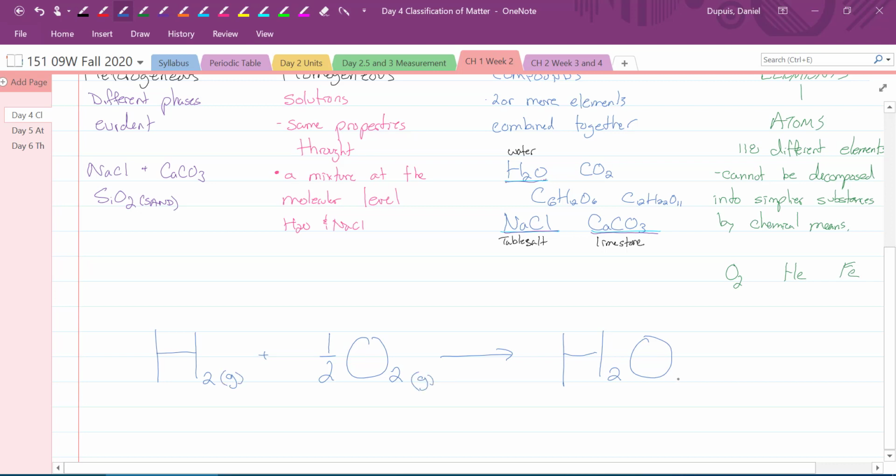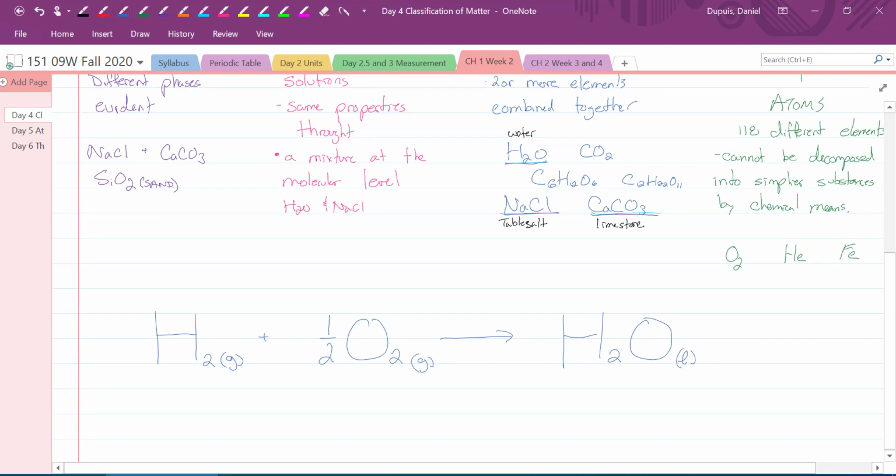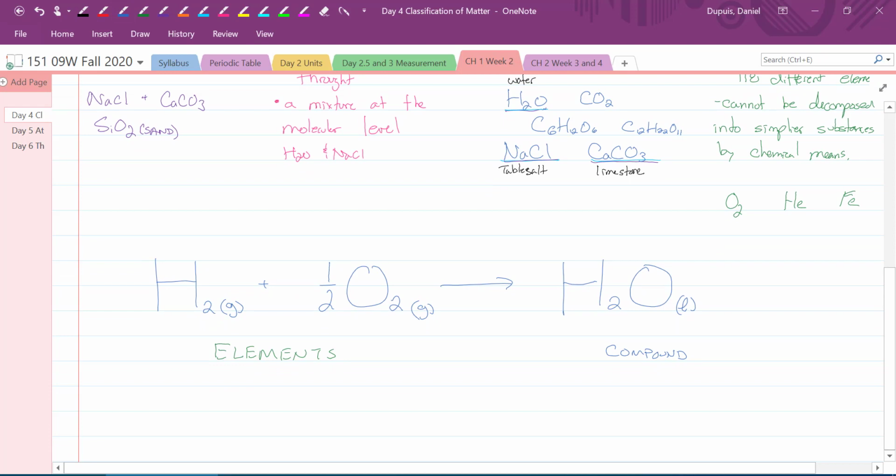Oxygen is a gas. Water is a liquid. So we have elements, we have a compound, and they're vastly different.